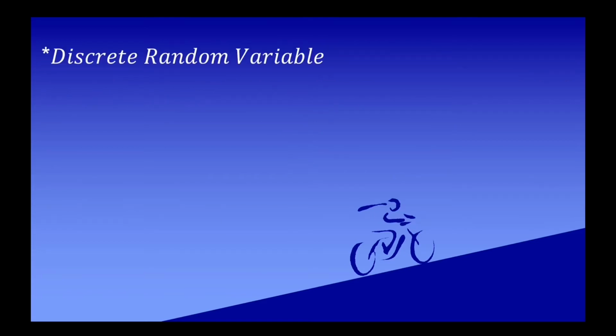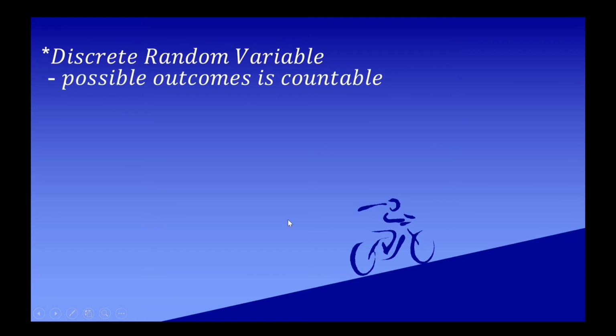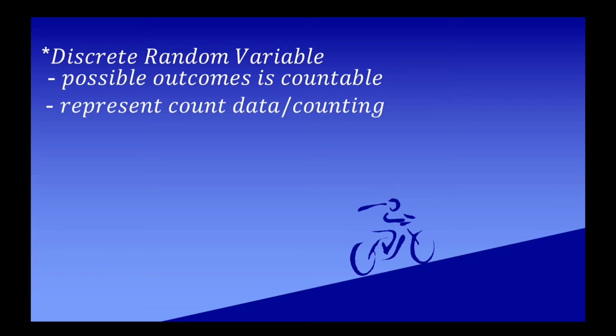A random variable is said to be discrete if its set of possible outcomes is countable. Mostly, a discrete random variable represents count data, and we can find the value by counting. It can take only specific values like 1, 2, 3, 4, 5, and so on, and you could count a whole number of them.